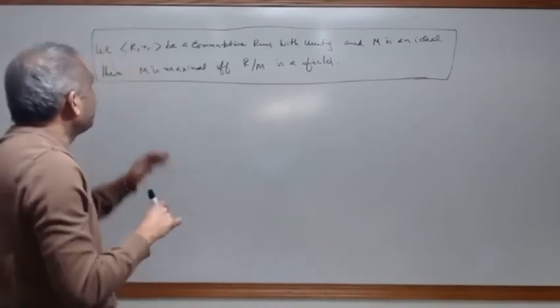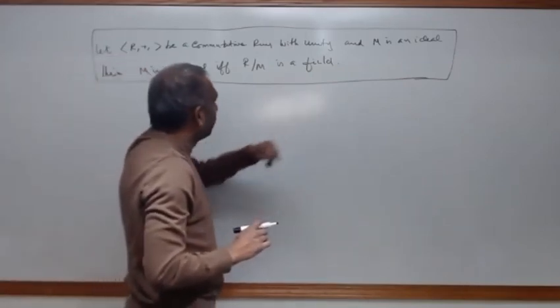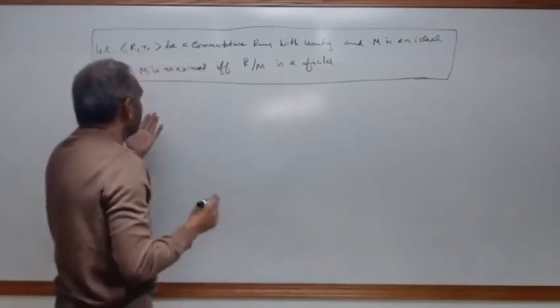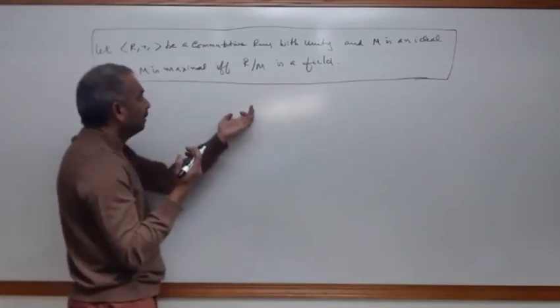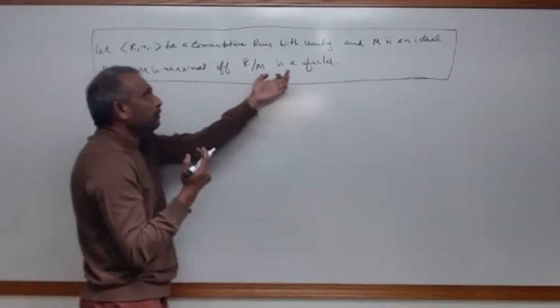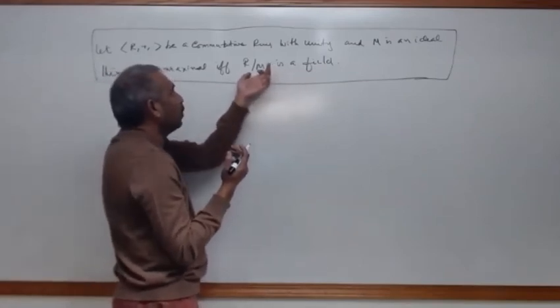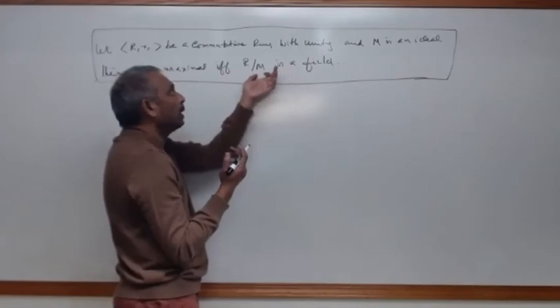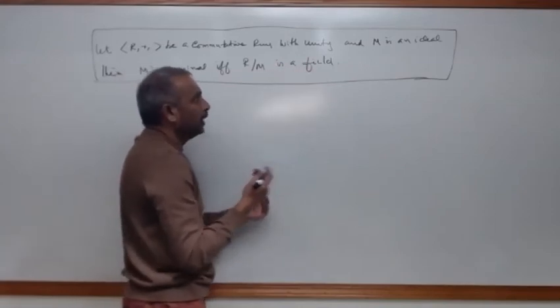So we defined maximal. Now next one is the prime. So what is the next option? If you don't have a maximal ideal, you cannot create a field here. But if you don't have a field, what is the closest option for a field? Integral domain.